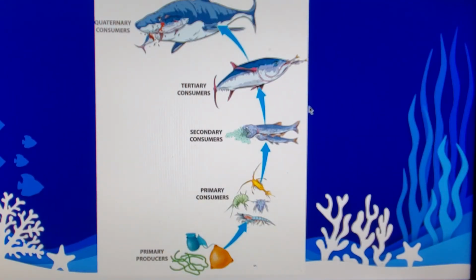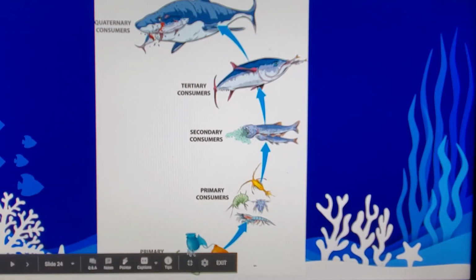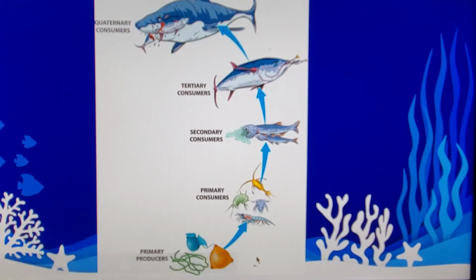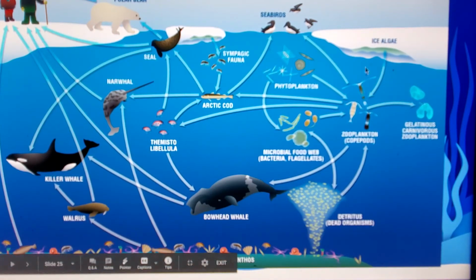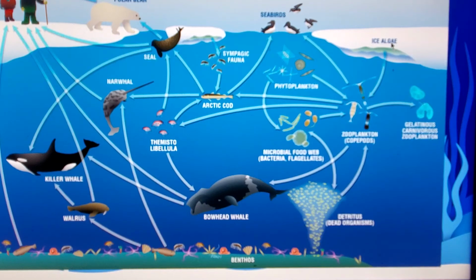So we can see that there can be many, many layers in one food chain, but many food chains can interact and create a food web. And here we have, starting with algae, our producer. And again, notice it's rare that you will see an arrow going towards the producer.